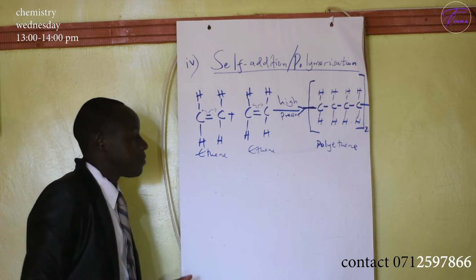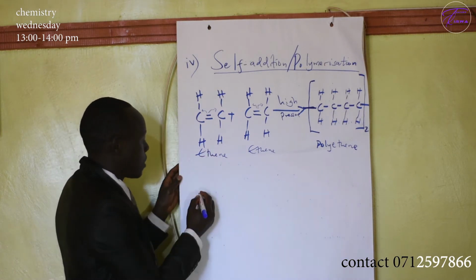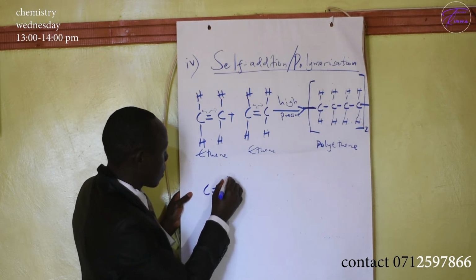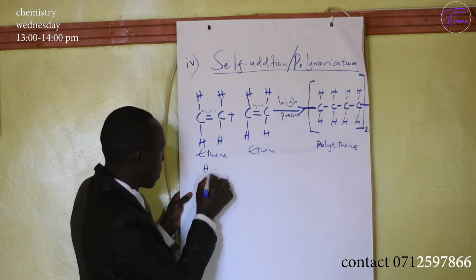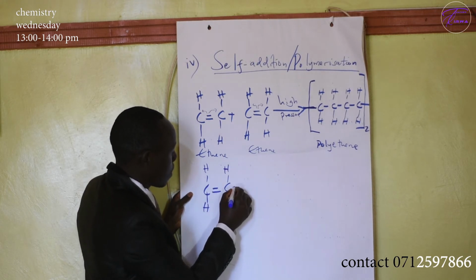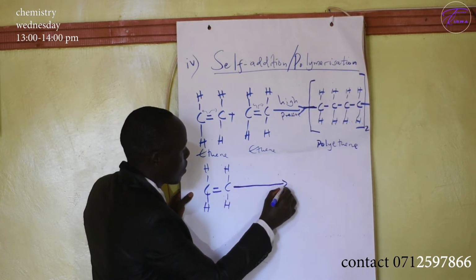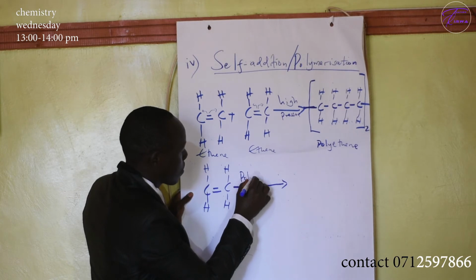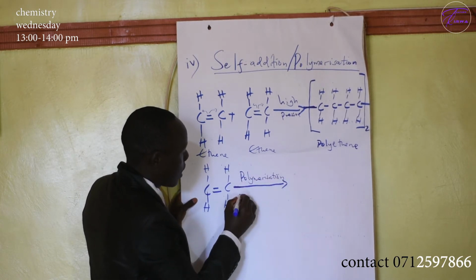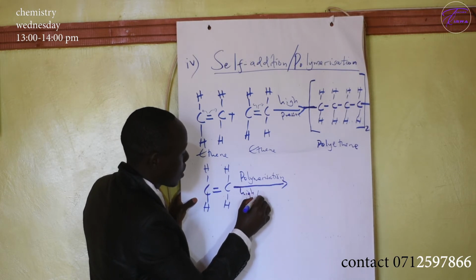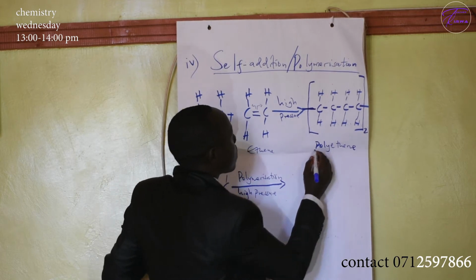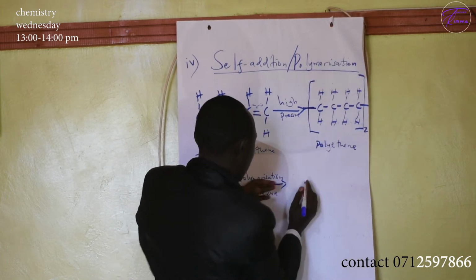Now generally, this can be represented by alkene undergoes polymerization under high pressure to form this molecule.